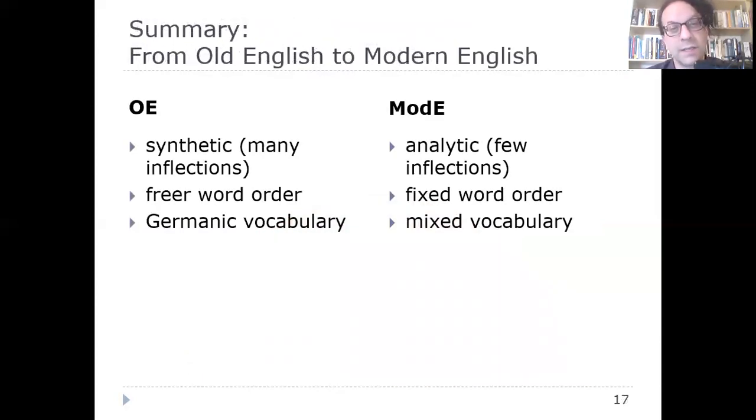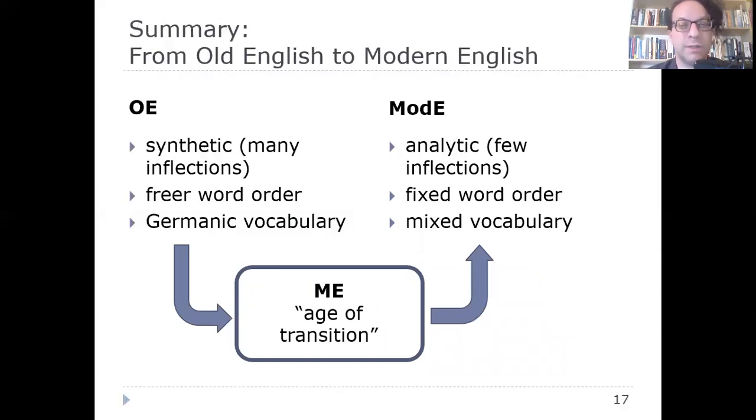So in summary, what did I just say about the internal language history? Well, Old English was a synthetic language, meaning that it had a lot of inflections. Modern English is a different type of language. It's an analytic language with only fewer inflections. And for all of these things that I'm saying right now, you can see Middle English as the age of transition from one state to the other state.